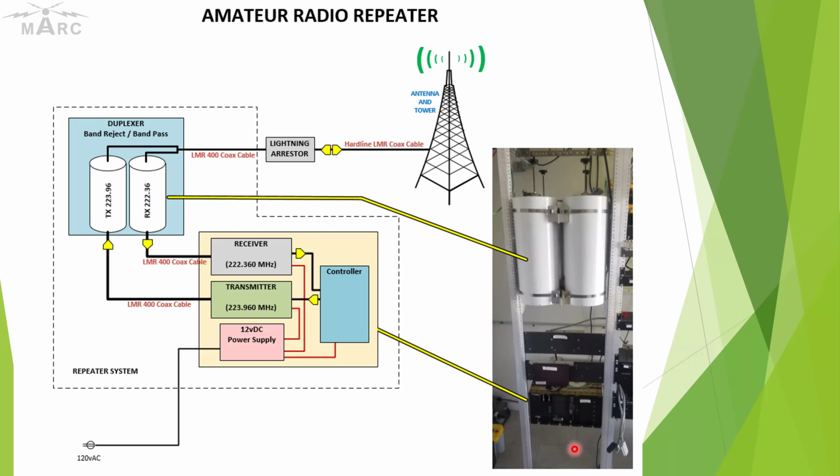This is what Murray's repeater looks like. Again, we are using a single antenna, with a single heliax that goes up to the antenna. To me, that's amazing, because this receiver is receiving and this transmitter is transmitting all at the same time.